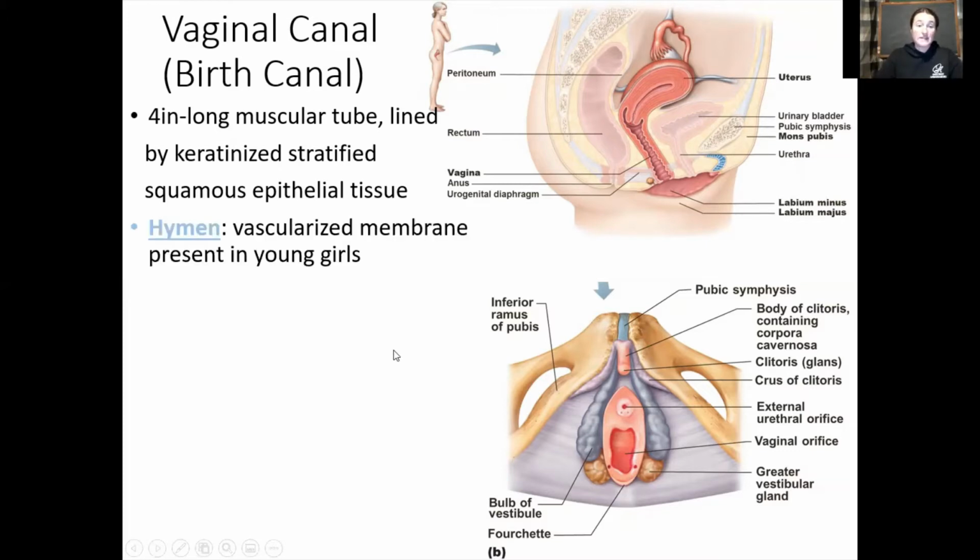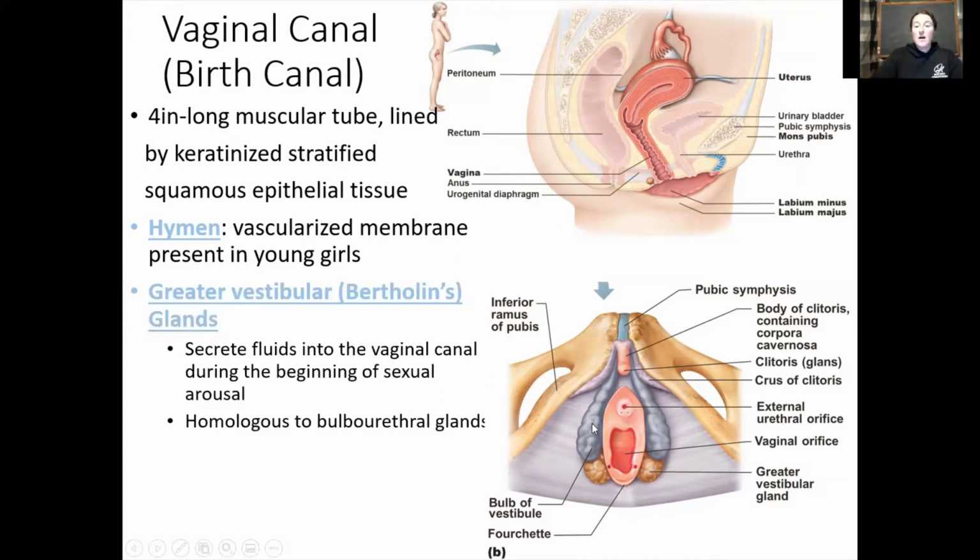The hymen is a vascularized membrane present in young girls. This can be broken not only by the first sexual intercourse, but also by other activities that the young girl might do. Okay, on either side of the vaginal orifice are the greater vestibular glands, or the Bartholin's glands.